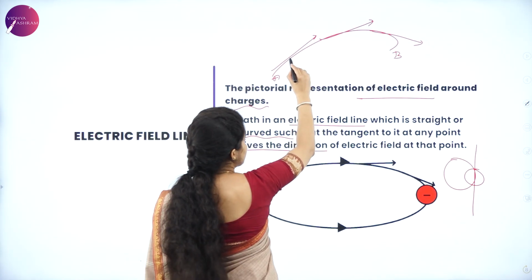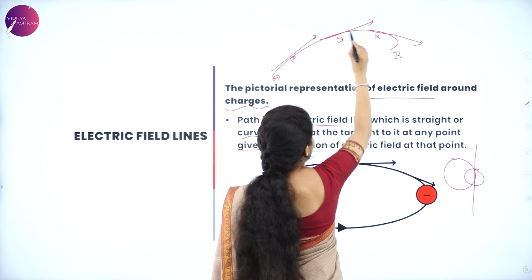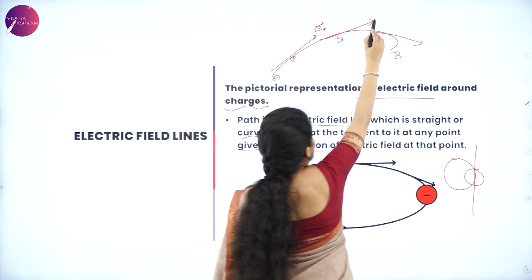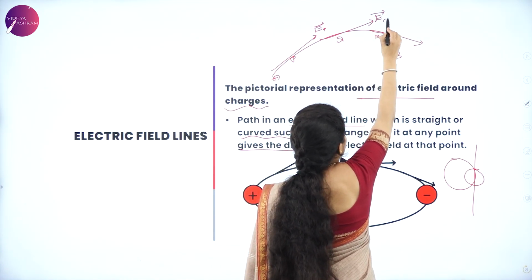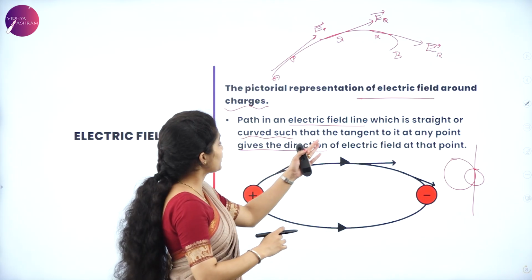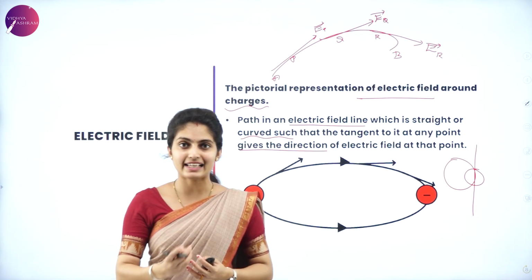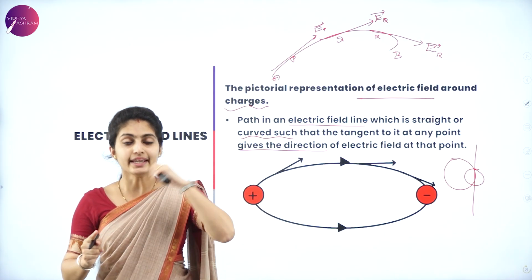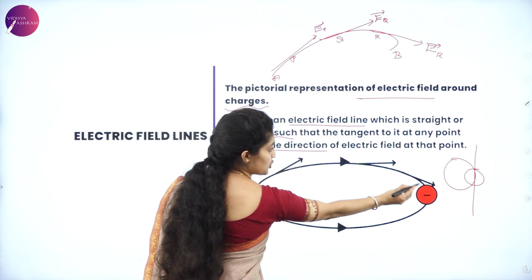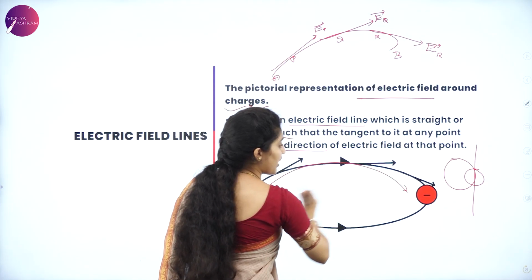If the tangent points are P, Q and R, the electric field is E base P, this is E base Q, and this is E base R. So this is the direction of the field lines which pass from point A to point B. The same way, here you can see the tangents drawn, so that we get to know that it passes in this manner.